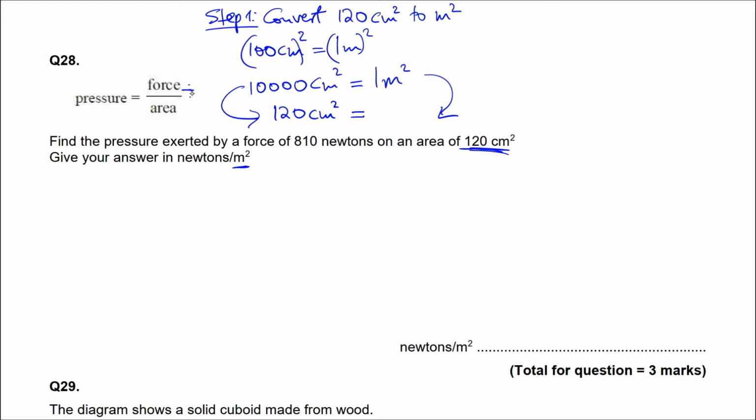Divide by 10,000, and then multiply by 120, and then do the same here. Divide by 10,000, multiply by 120. If you plug that in, the answer will be 0.012 meters squared, and that's basically the corresponding area in meters squared.